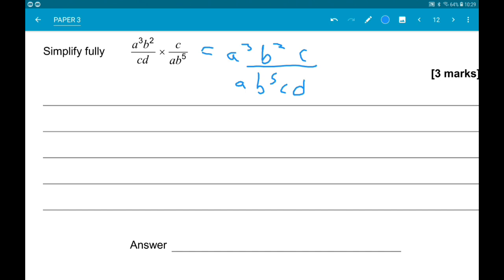Okay, so work through each letter separately. So first up, we're doing a cubed divided by a. So that leaves an a squared on top.